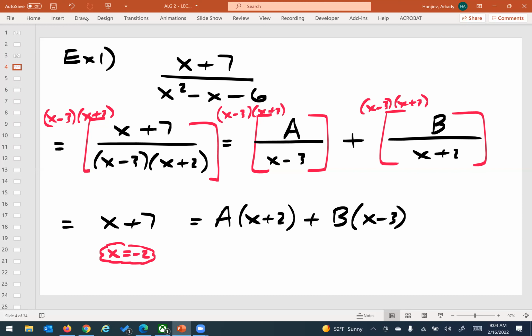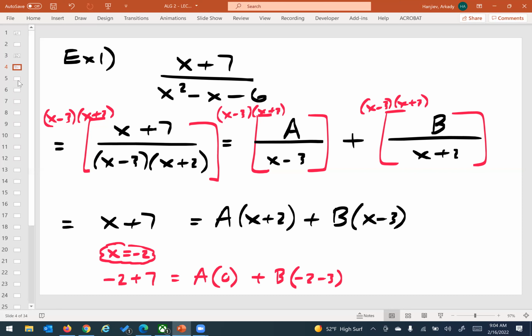We good? And b is -5, so that's -1. Running out of room here. On to the next one. Is it 5 on one side, is that right? Yeah.